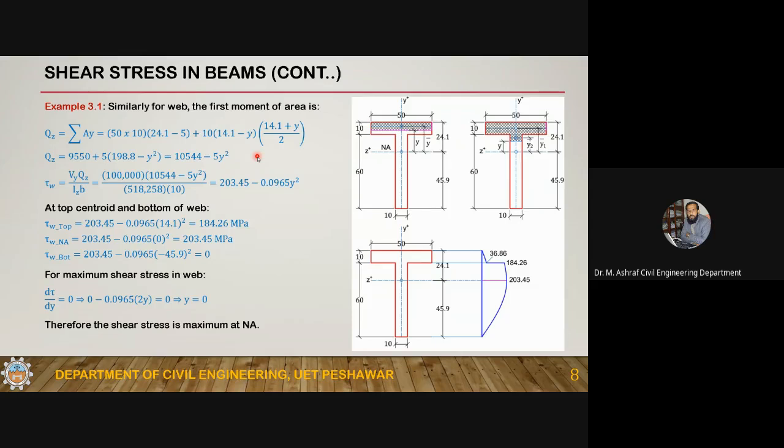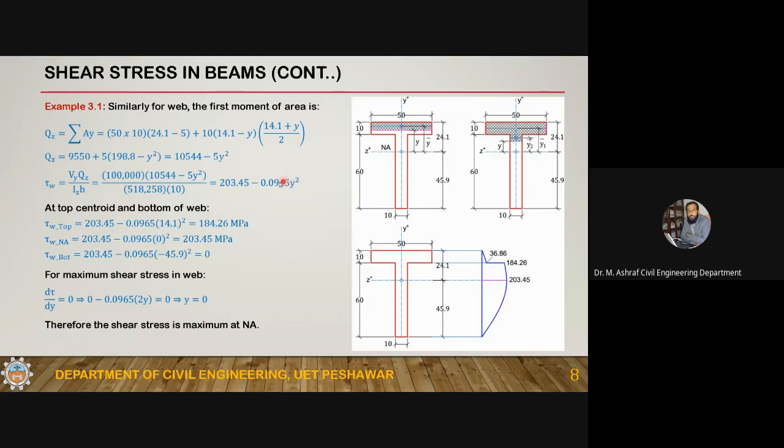This is the first moment of area for a section in the web. Now the shear stress in the web, V QZ divided by IZ into B, is finally 203.45 minus 0.0965 y square.